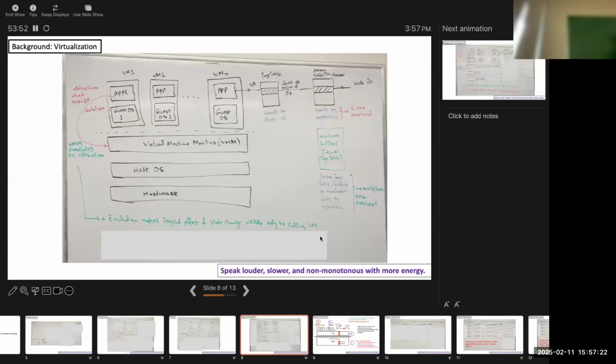So in other words, from my perspective, you are polluting my LLC. So what they do is emulate and model two separate LLCs, one for each of them, so that whatever data I am reading in should not create capacity misses for virtual machine one, okay?